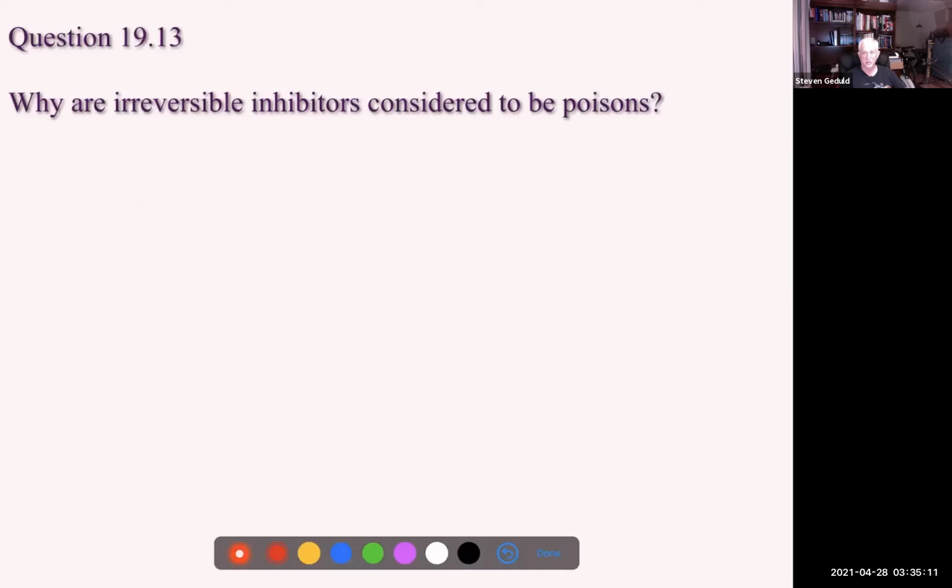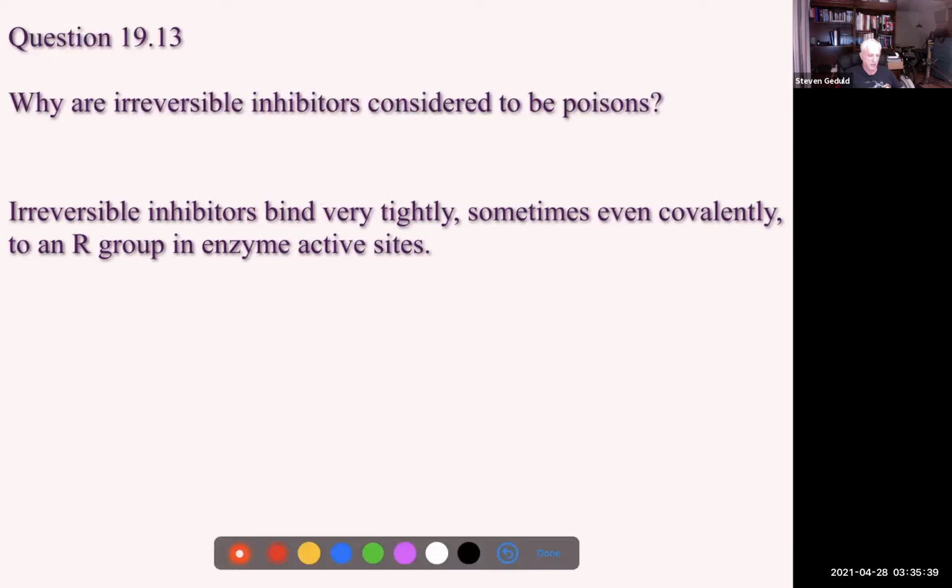They bind to either the active site or a different site, an allosteric site, and they cause the enzyme to be non-functional by modifying the active site. If they're irreversible, it's poison, because you can't get it off. So the enzyme is non-functional, just like sarin gas, just like curare. Irreversible inhibitors.